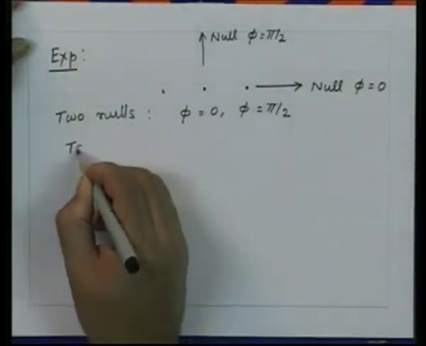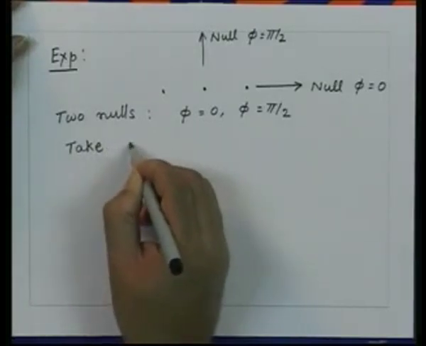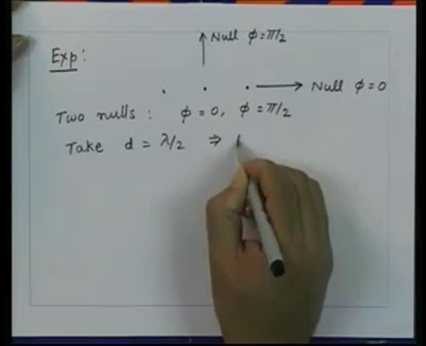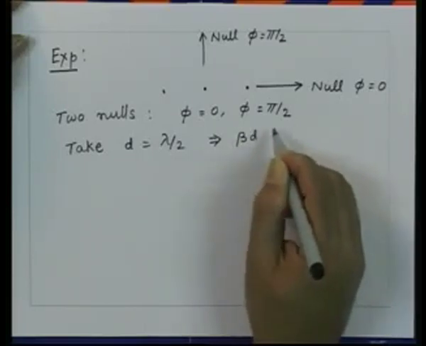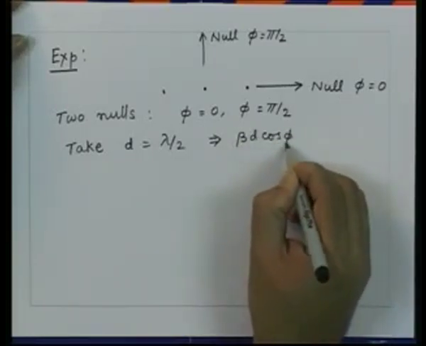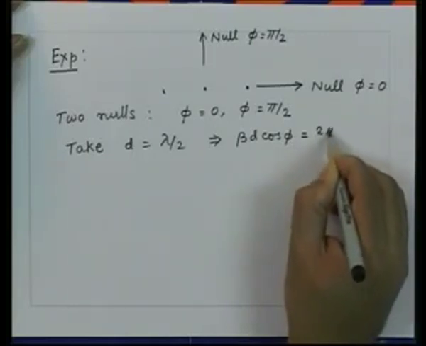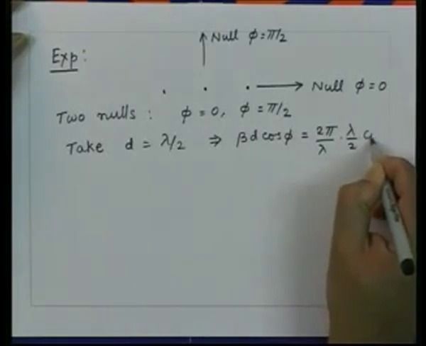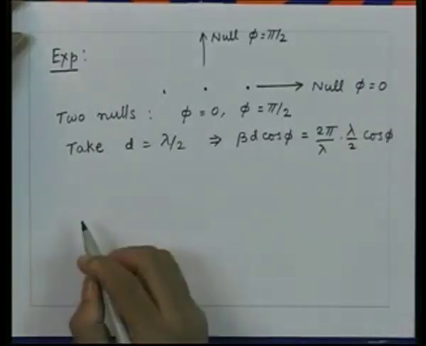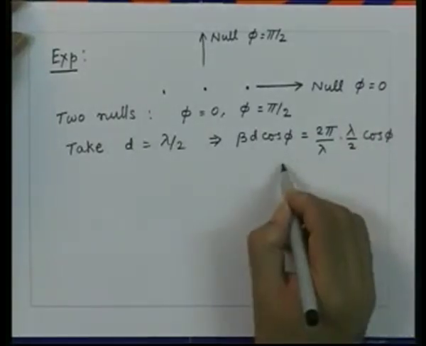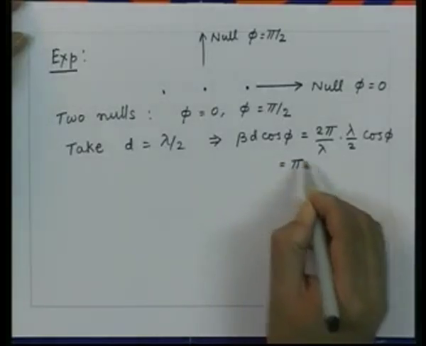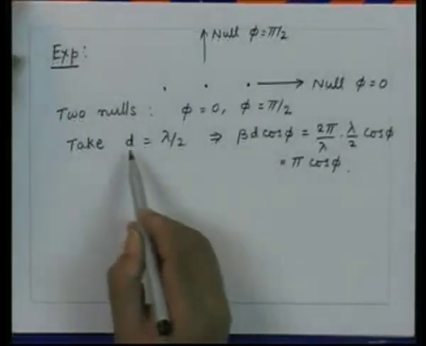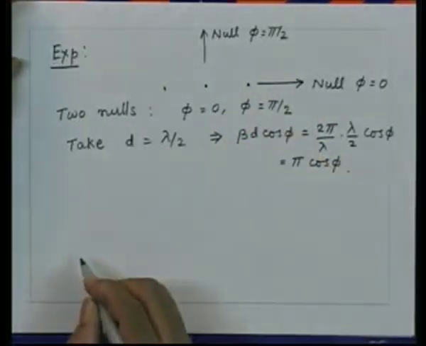So, first we choose the spacing, take d equal to lambda by 2, giving beta d cos phi equal to 2 pi upon lambda into lambda by 2 cos phi, that is equal to pi cos phi. So, we have now the psi corresponding to the two nulls.